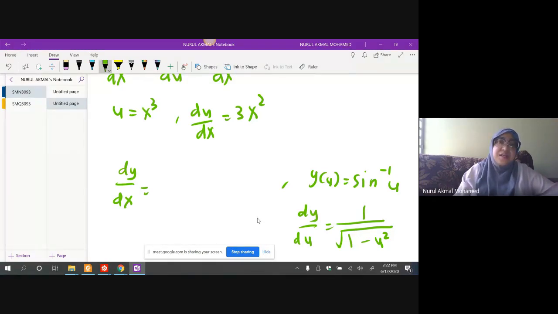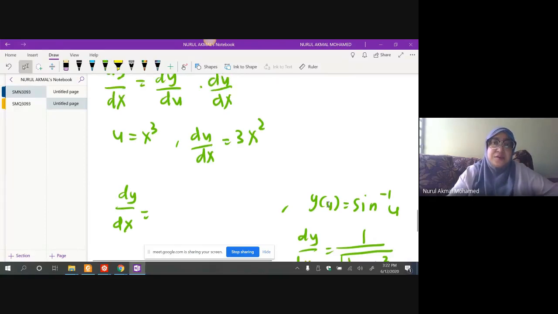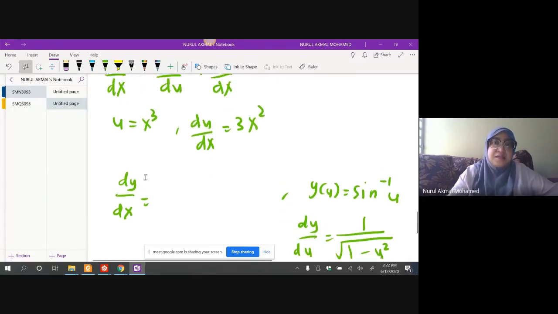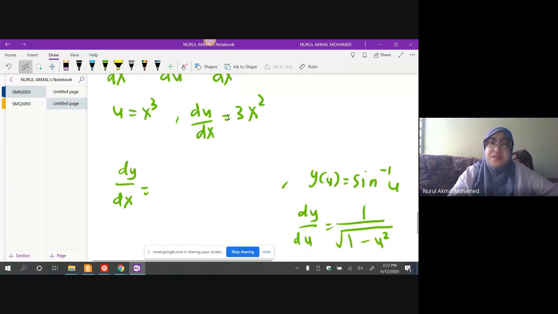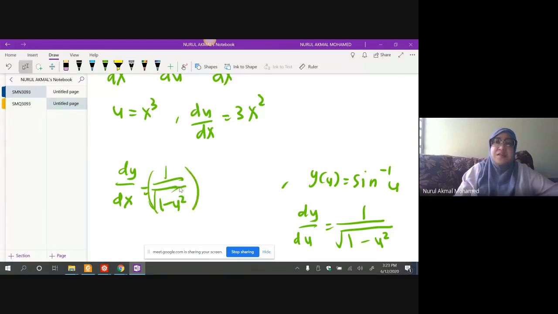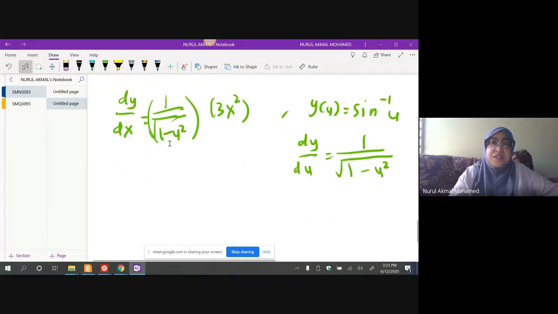So your dy dx is equal to dy du multiplied by du dx. dy du is 1 over square root of 1 minus u squared, and then you multiply with du dx, which is 3x squared. But now replace everything which is in terms of u, so that it is in terms of x.